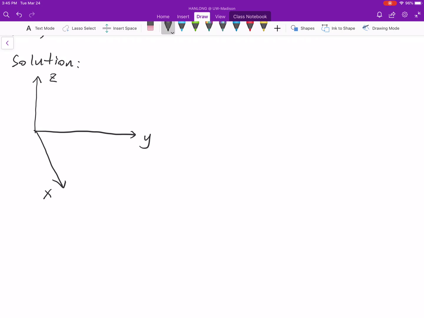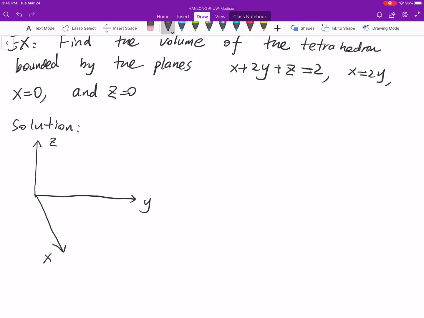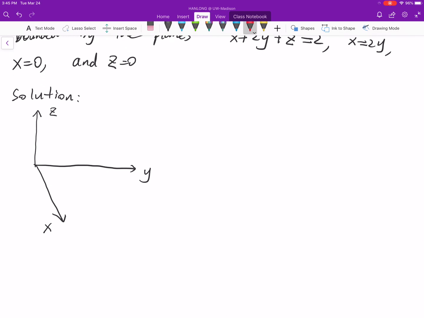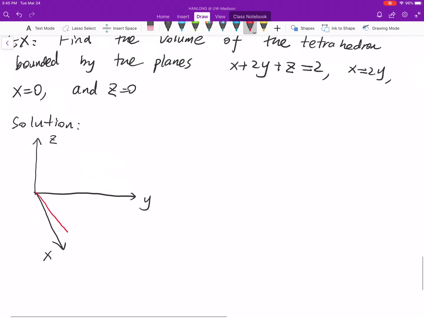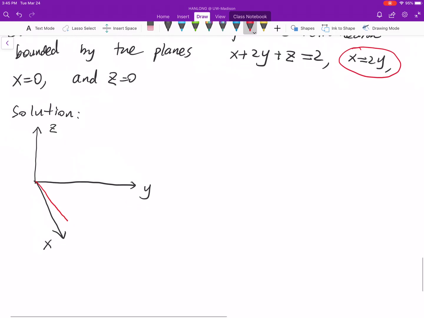Okay, next I would like to draw the line x equals 2y. X equals 2y, so go like this. Okay, so actually this is a plane, but when you restrict the plane to the xy plane, you have a line like this.